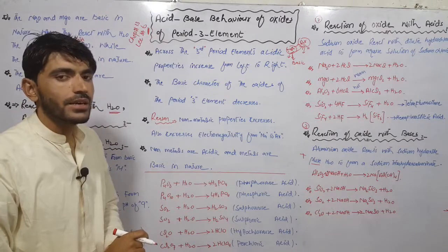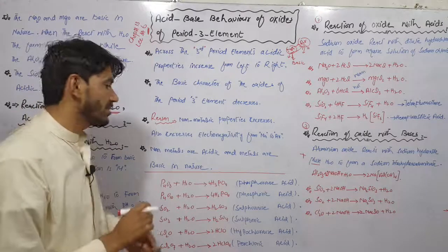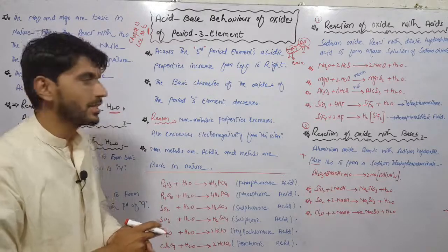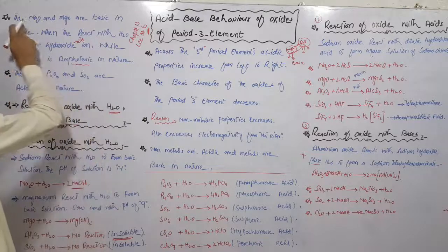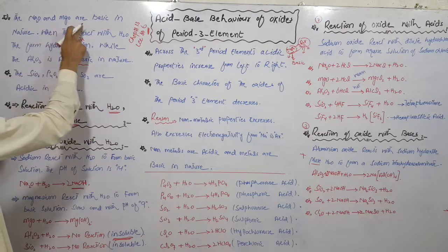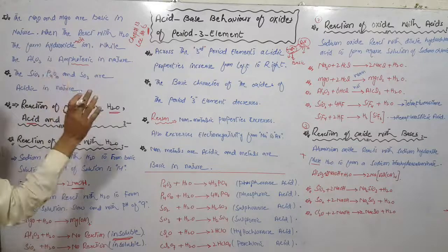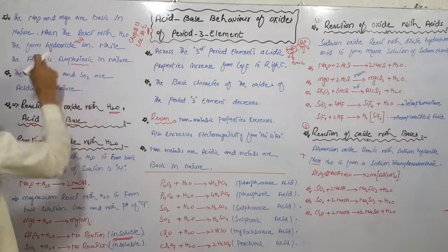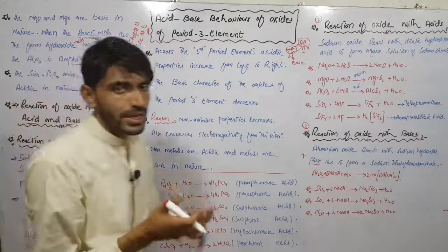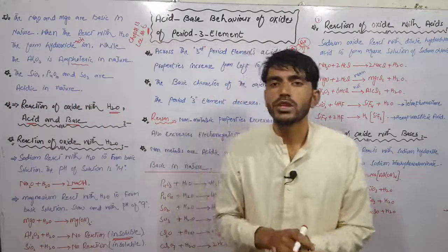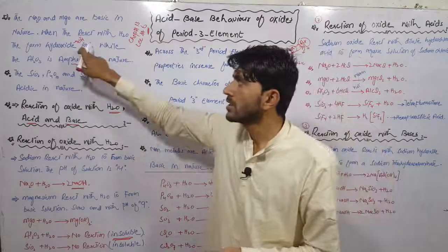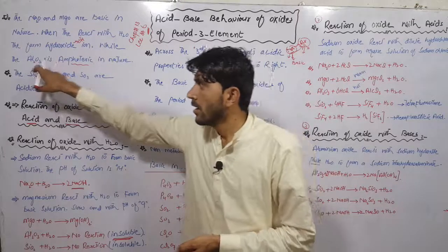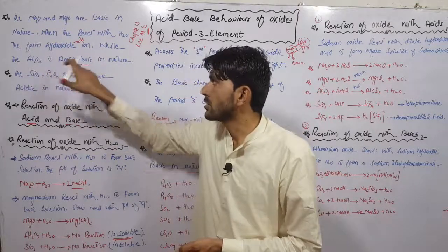Group 1A and 2A are metals, so they show basic properties, and the other members show acidic properties. Sodium oxide and magnesium oxide are basic in nature; when they react with water they form hydroxide ions, OH minus. Aluminum oxide is amphoteric in nature.